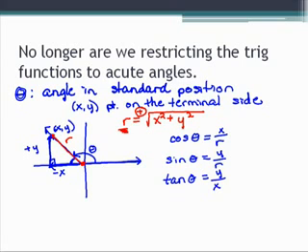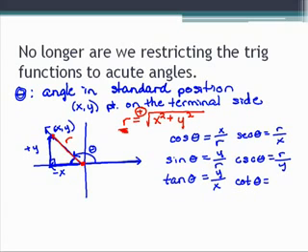So if cosine is x over r, then secant of the angle is going to be r over x. The cosecant is the reciprocal of sine, so this will be r over y, and cotangent is the reciprocal of tangent.